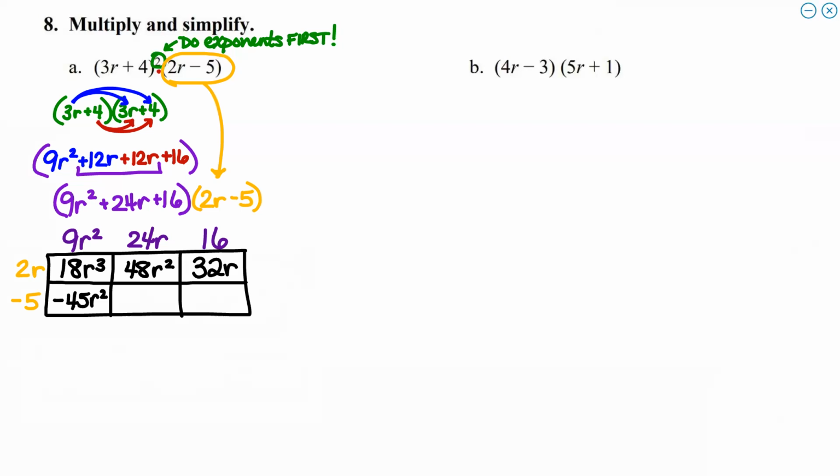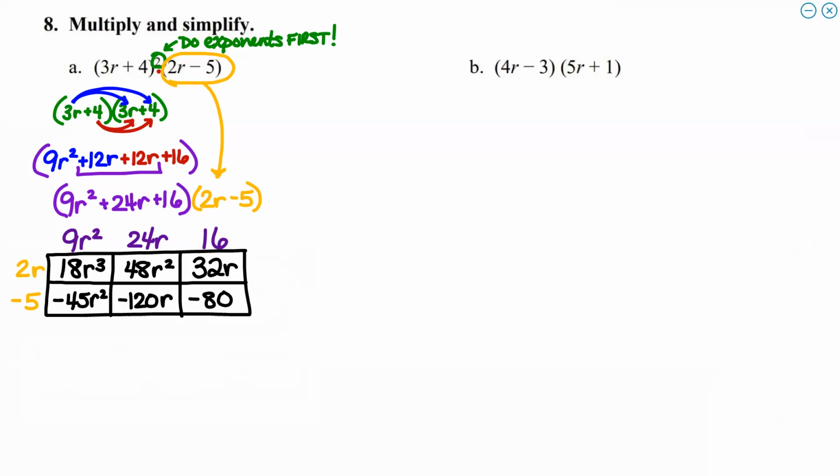Then -5 times 24r. -120r. You were ready for that one. And -5 times 16. -80. Have we done all of the distribution?